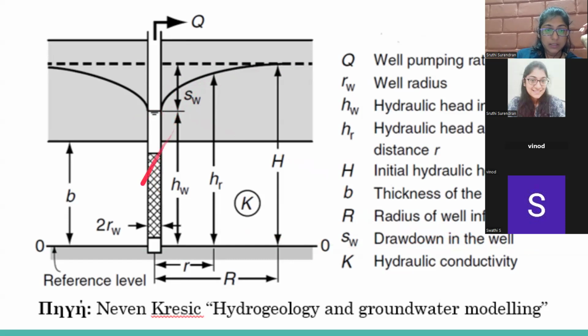Another quantity mentioned here is the HW, that is nothing but the height of the water in the well measured from below this reference level or datum or mean sea level, wherever the measurement is starting from, to the level of water inside the well. That is represented by HW, and that is also giving us the hydraulic head. We talked about what hydraulic head is: pressure energy plus elevation energy.